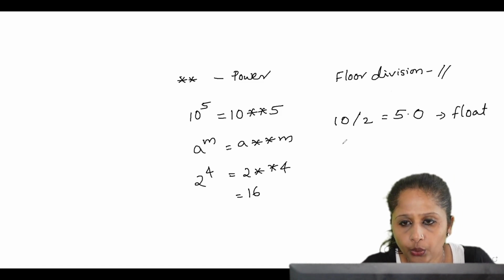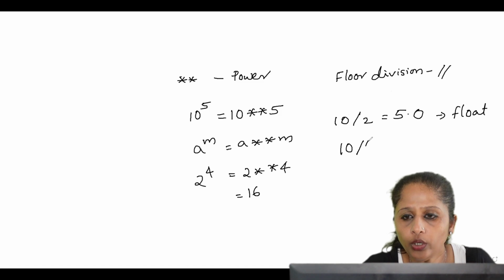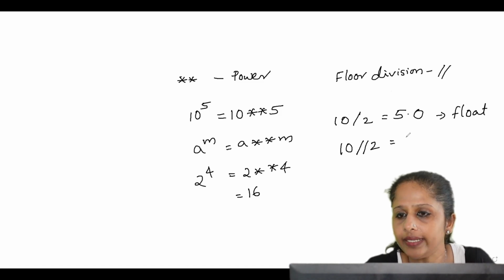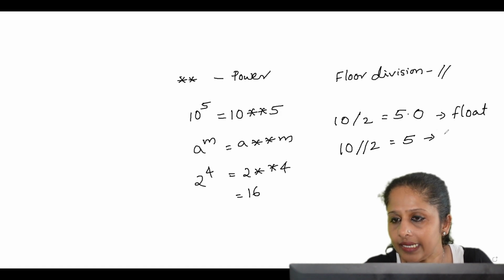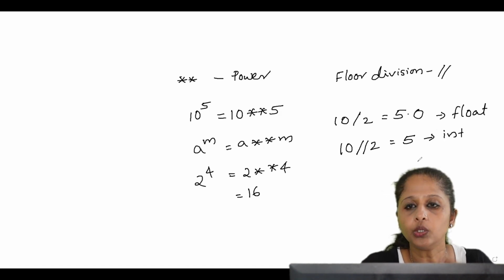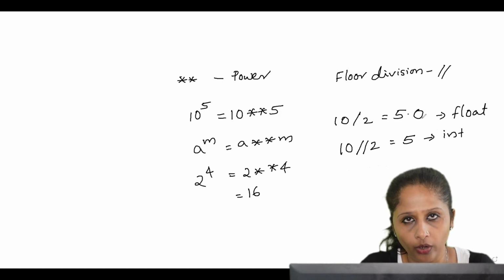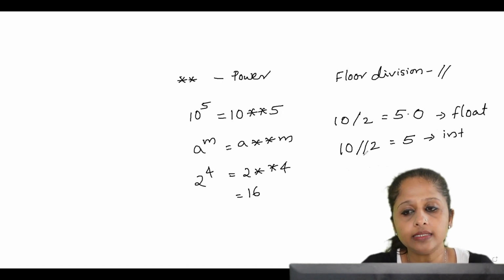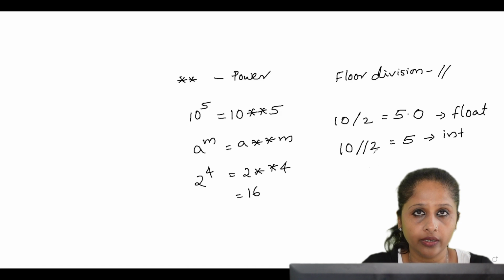But if you are doing 10 floor division 2, then you will get the answer 5. So here you are getting the result as integer. So that is floor division. 10 divided by 2 gives 5.0, and 10 floor division 2 gives 5, that is an integer.